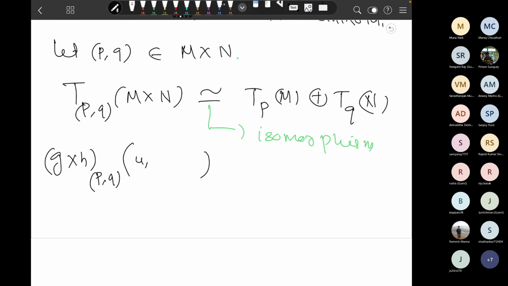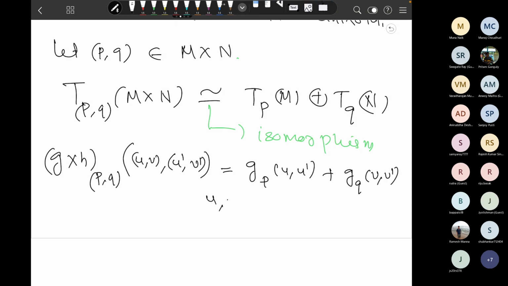So I write them as U, V and U prime, V prime, where U and U prime belong to TPM, and V and V prime belong to TQN. So this is really GP of U, U prime plus HQ of V, V prime.